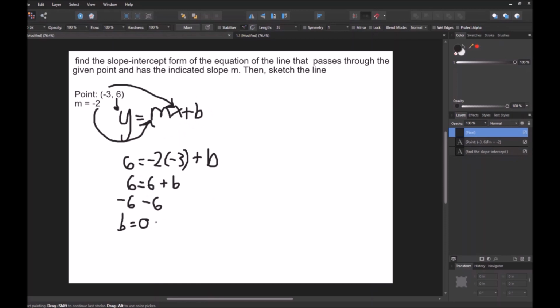So now we have our b, we have our m, and we can write the slope-intercept form of the equation, which is y equals negative 2x plus 0, because b is 0, but you don't have to write it if it's just plus 0.